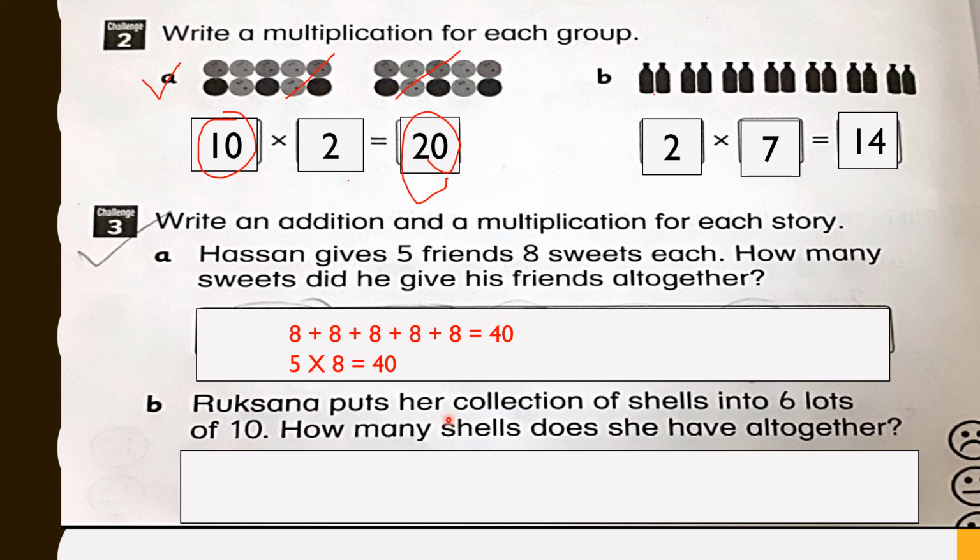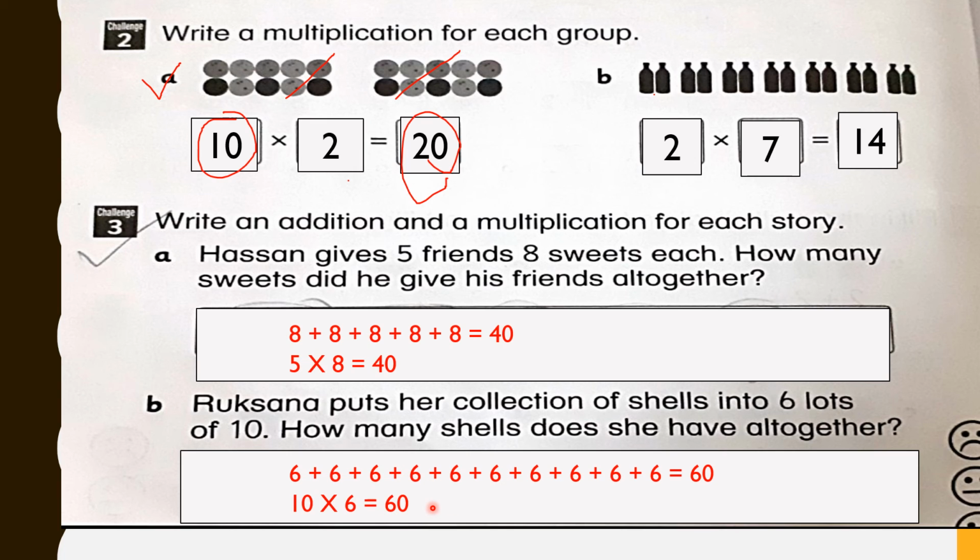Now this is simple. Ruxana puts her collection of shells into 6 lots of 10. How many shells does she have altogether? 6 lots of 10. That means 6 plus 6 plus 6 plus 6 plus 6 plus 6, 10 times you will be adding 6, and then the answer will be 60, or you can say 10 times 6 is equal to 60.